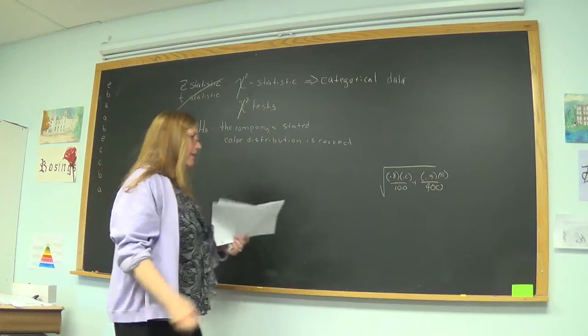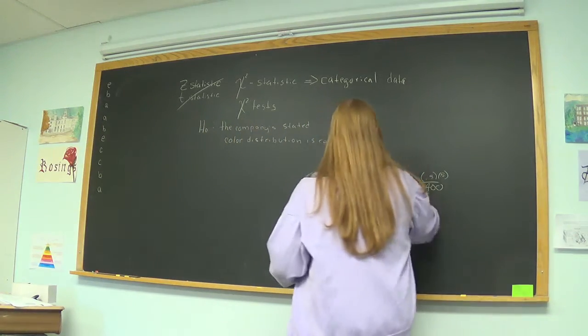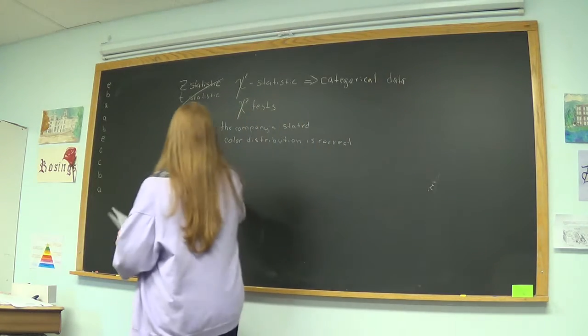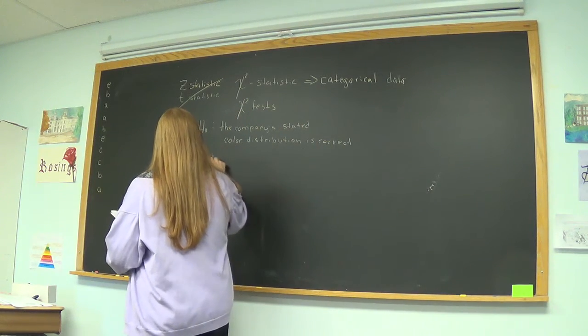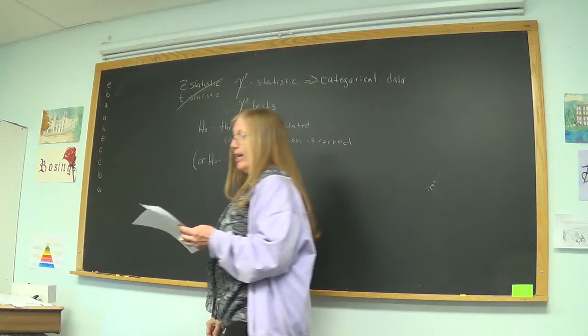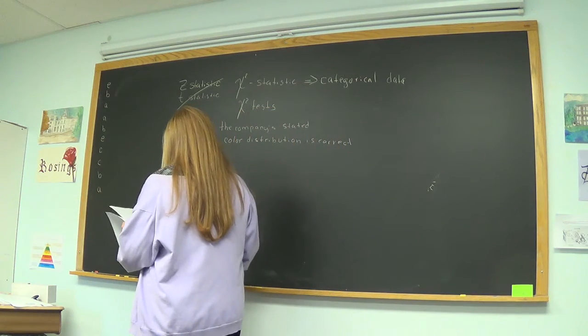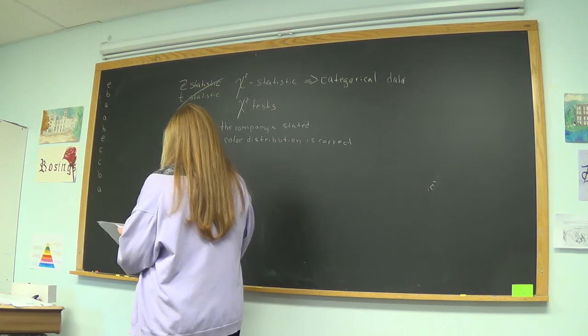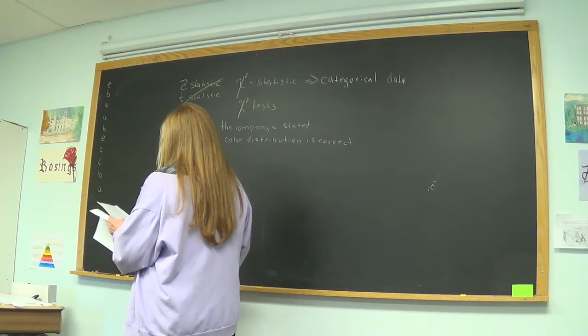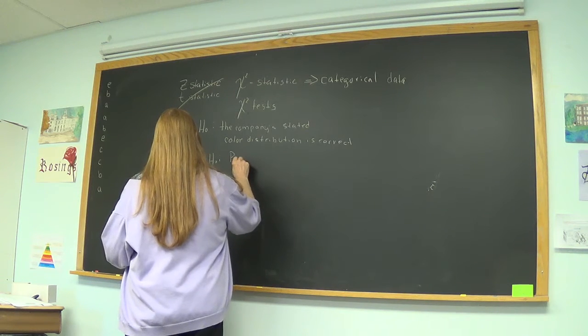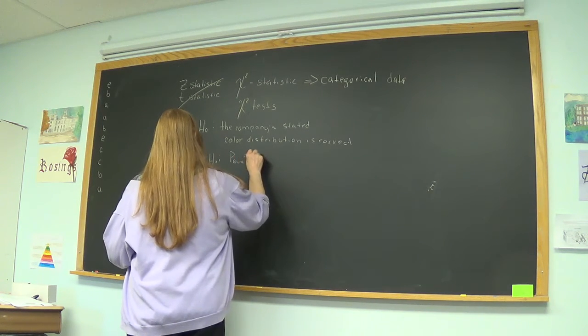And another, if you're uncomfortable with that, like Dan is, you could write it like this, so I'll put it up there. Or H sub O could look like this. You could actually make a list. You could say the proportion blue equals 0.24.